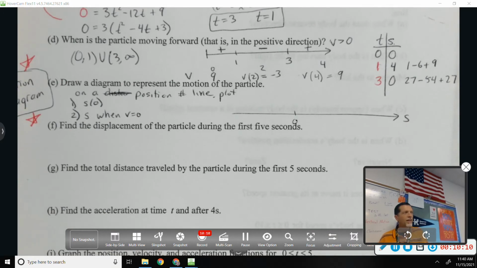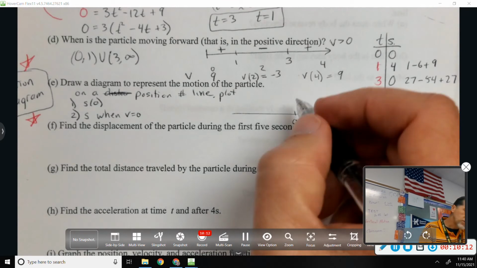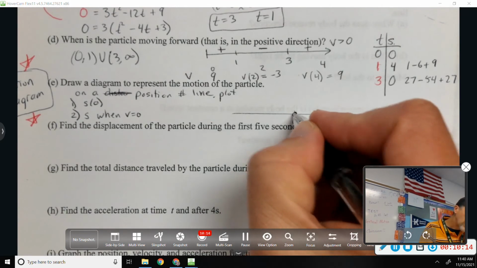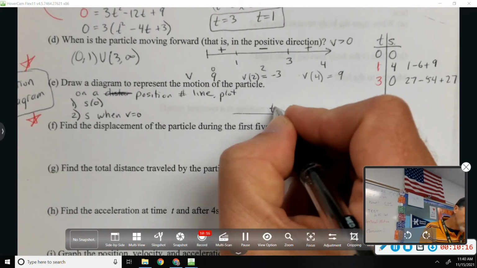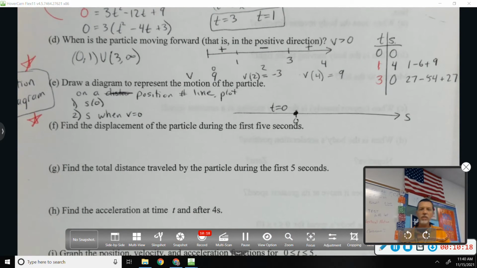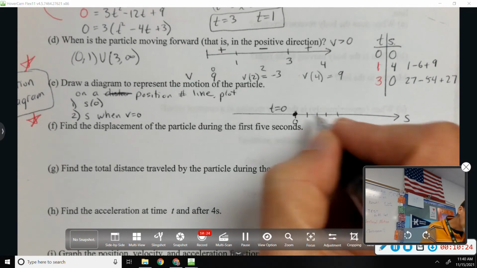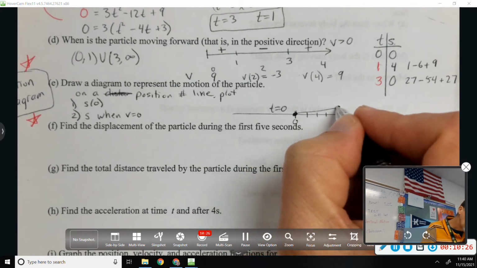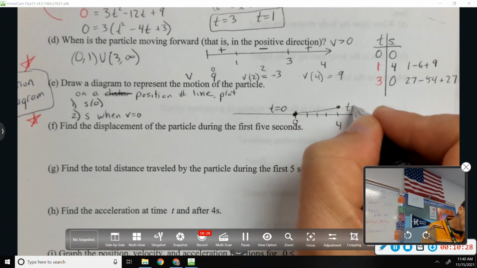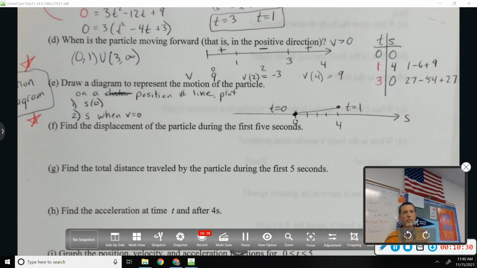So now I want to sketch out what this particle is doing. It started at a position of 0, at time equals 0. 1 second later, it was over here at s equals 4. So we're trying to get a visual of what's happening.